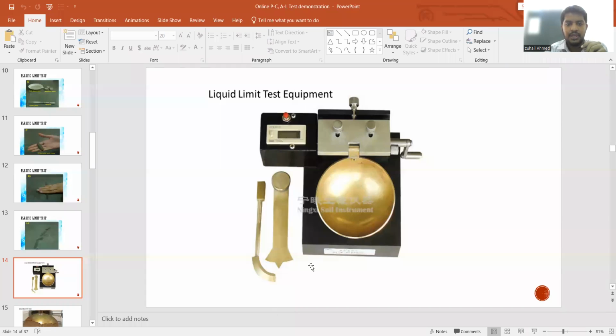The standard grooving tool is 10 millimeter thick. We keep it between the rubber base and the brass cup, and tighten these screws. By adjusting these screws, you set up the apparatus, then place the sample and start the practical.